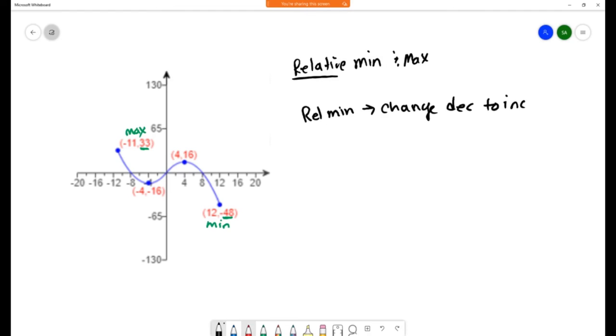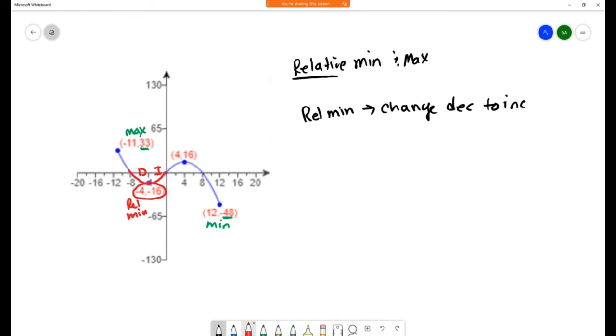So if we look right here, on the left-hand side of this point, the graph is decreasing, and on the right-hand side of this point, the graph is increasing. So this point right here creates a relative minimum.